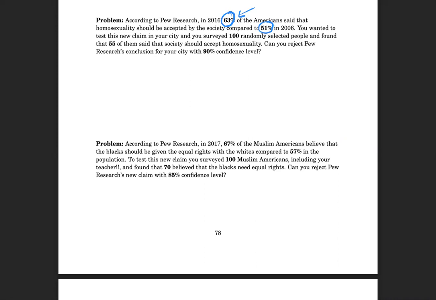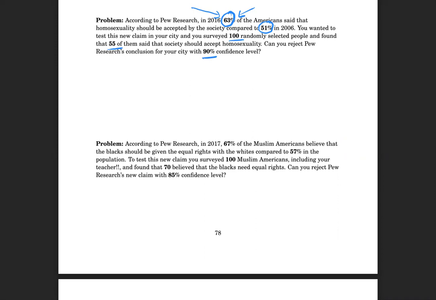So the main goal is we are going to create a confidence interval based on our data, based on our survey. If that confidence interval contains 0.63, then we will say, oh, our city kind of conforms with Pew Research's numbers.